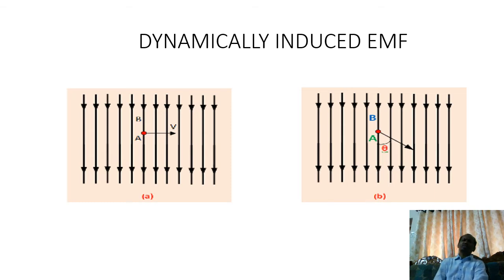Now we are going to discuss dynamically induced EMF. Let us see the diagram. Flux passes from north pole to south pole, shown by the arrowhead marks.